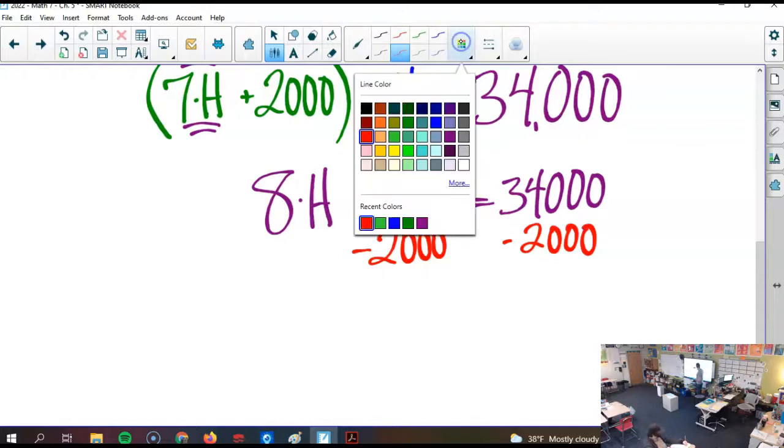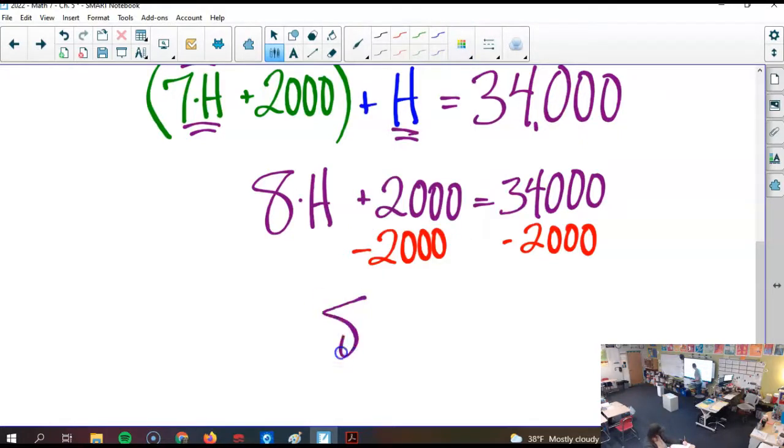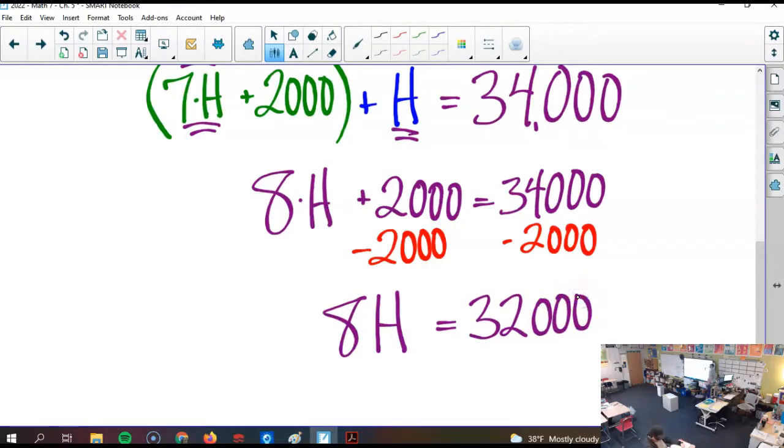So now we get 8H. The variable's kind of on its own over there. There's 8 of them, but it's kind of on its own. 32,000. Questions at this point?